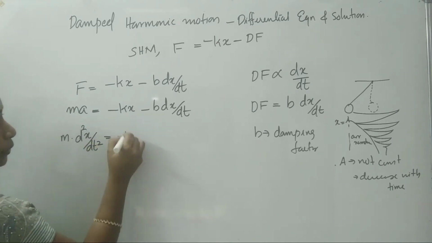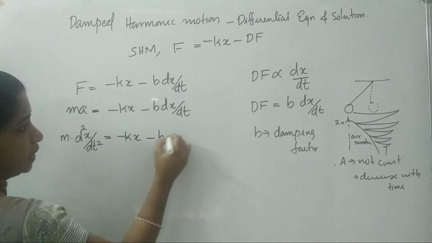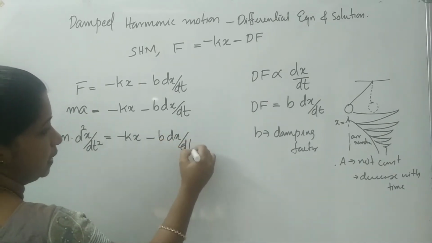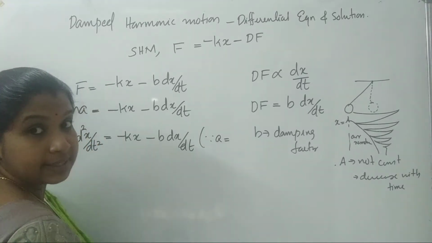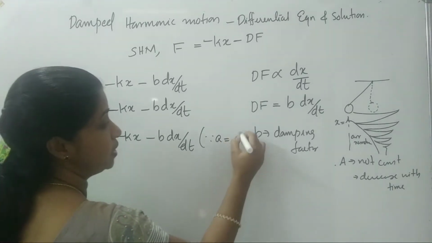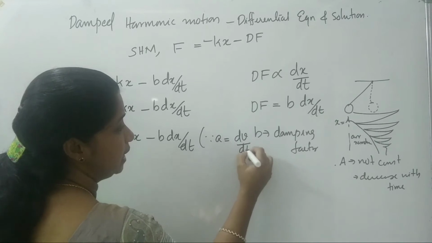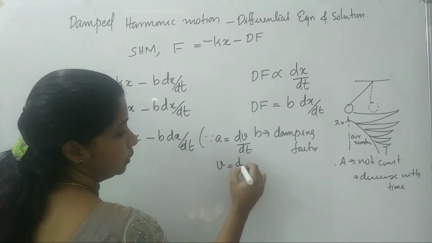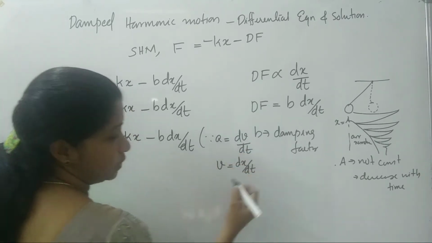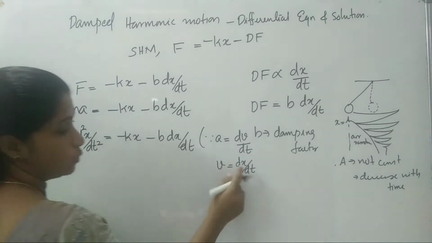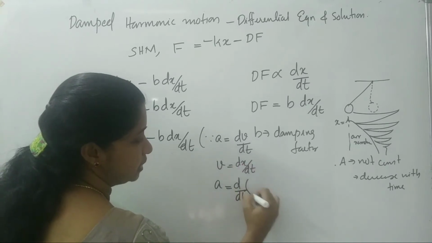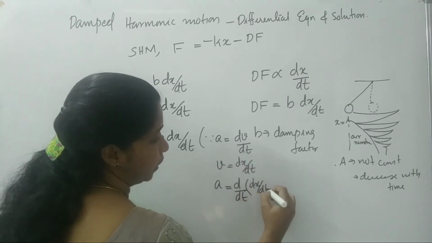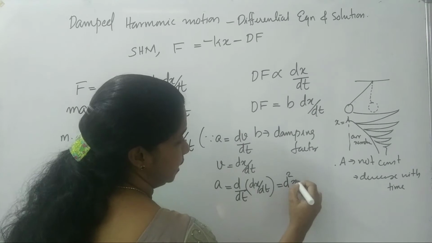What is acceleration? Acceleration is the change in velocity, dv by dt, and velocity is the rate of change of displacement, dx by dt. So acceleration is d by dt of dx by dt, so it is d square x by dt square.